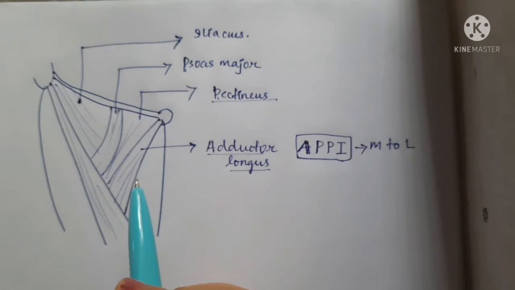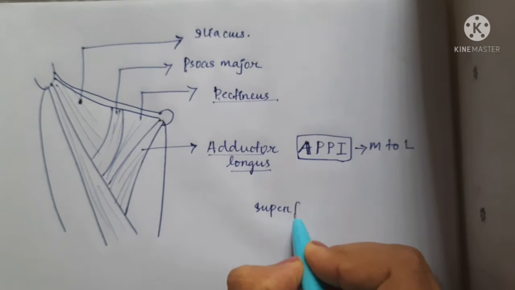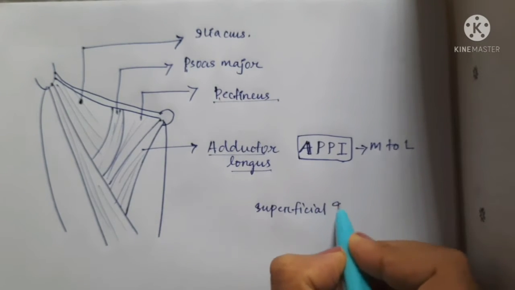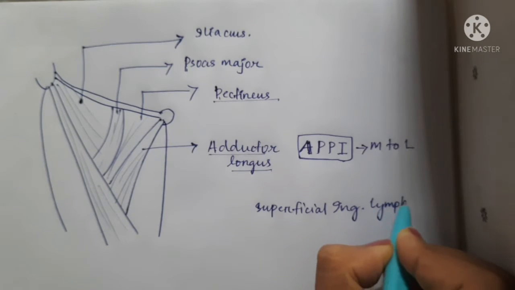The superficial fascia contains the superficial inguinal lymph node.